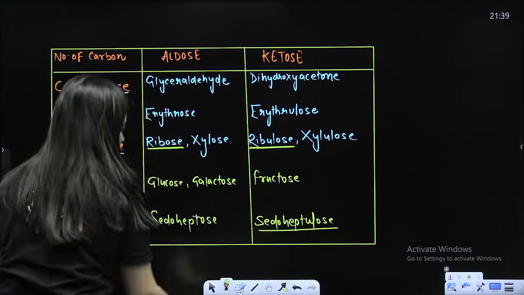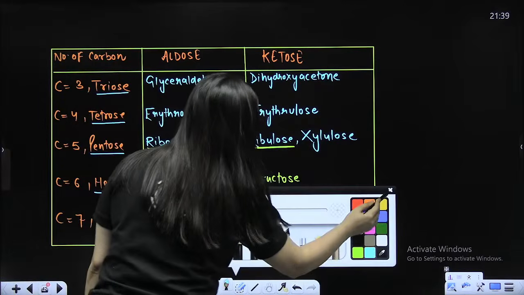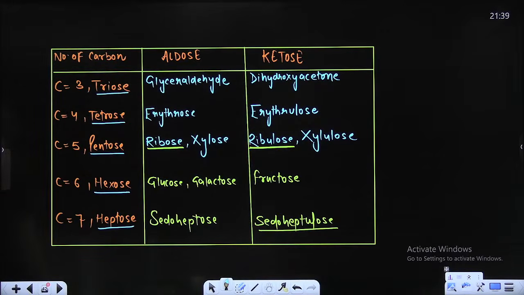Is that clear? Any doubt? So this ul thing and all clear? So for simple monosaccharide, you start with the triose first, isn't it?